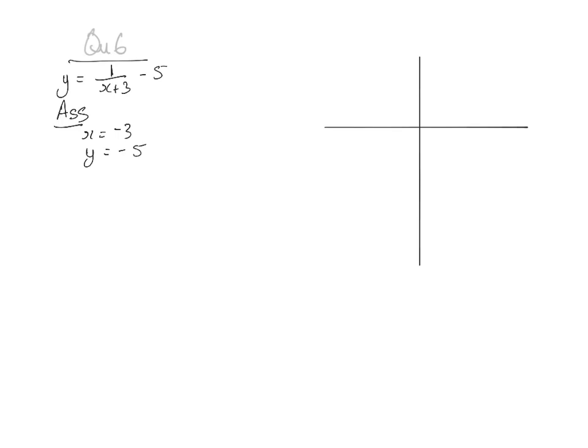So x equal to -3 would be over here somewhere. Your graphs are going to be better than mine, obviously, but I just want to show you what they should look like. You can put them into your calculator and have a look as well. Y equal to -5. It's along there somewhere. Okay, now we need to find some information about this graph.